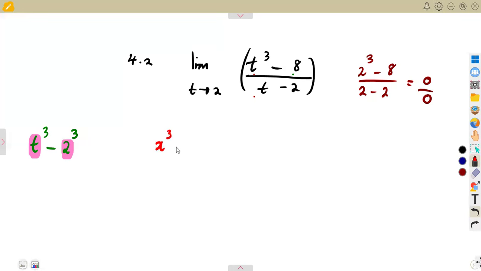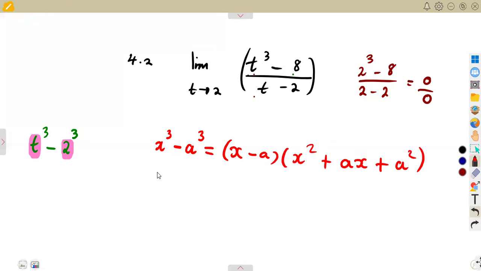x to the exponent of 3 minus a to the exponent of 3 can be factorized as x minus a, the first minus the last term, into the first squared plus the product of the first and the last together, which is ax, plus the last squared. If it was a plus here, it means this will be a plus and this will be a minus. That is the only part that is affected.